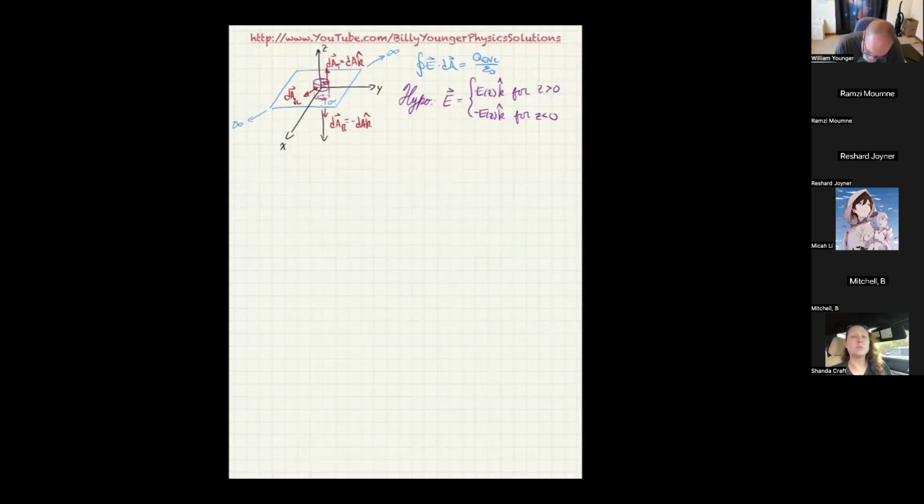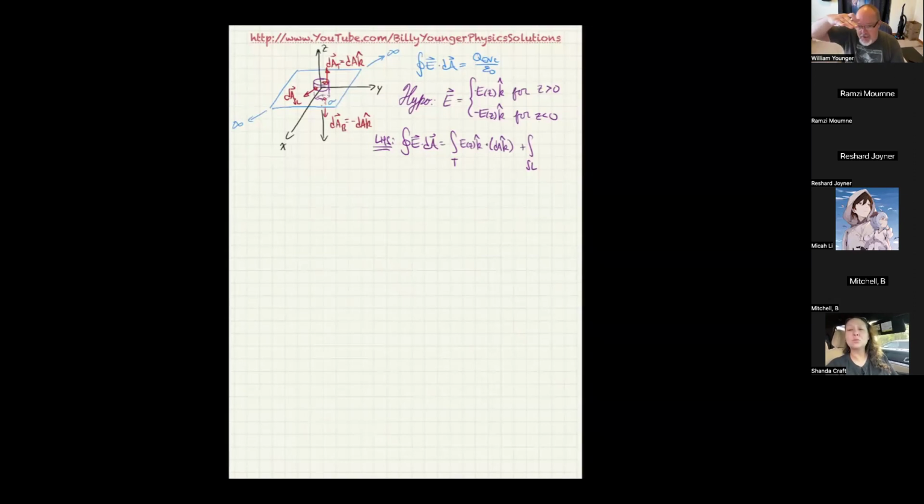So now we start with the left-hand side of Gauss's law. Left-hand side, the closed integral E dot dA. That's going to be equal to the integral over the top of E of Z K hat dotted with dA K hat, plus the integral over the soup label, and that's where I'm treating the cylinder like it's a soup can.